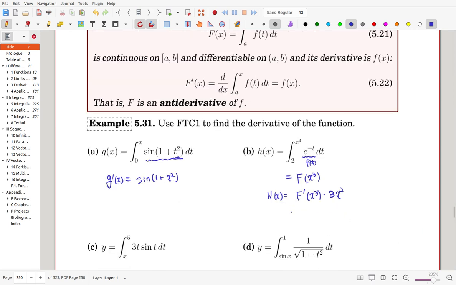Here you replace t with x cubed, so that is e to the minus x cubed, multiplied by 3x squared.